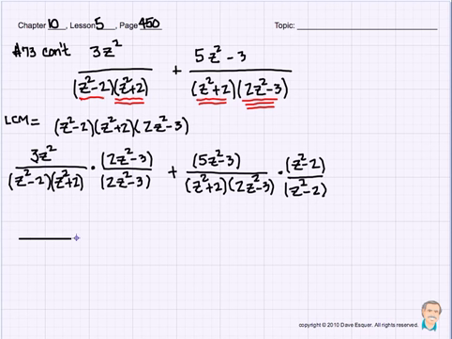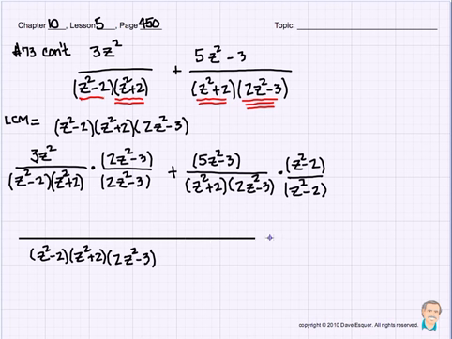So we end up with, let me use a ruler, our denominator as z squared minus 2, z squared plus 2, and 2z squared minus 3. I'm going to have to make my line a lot longer.